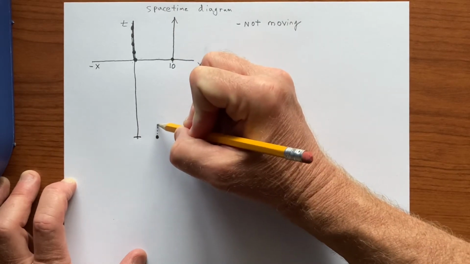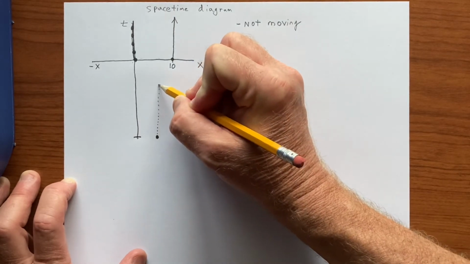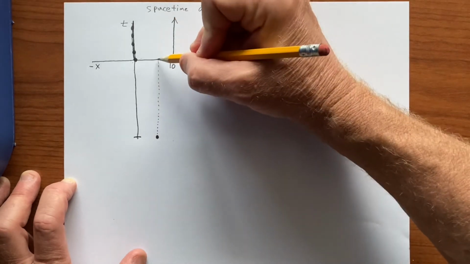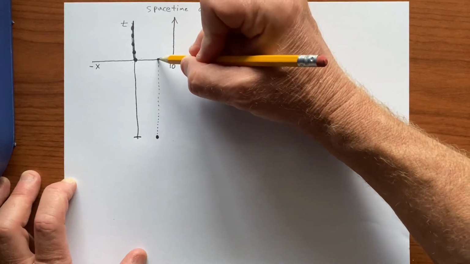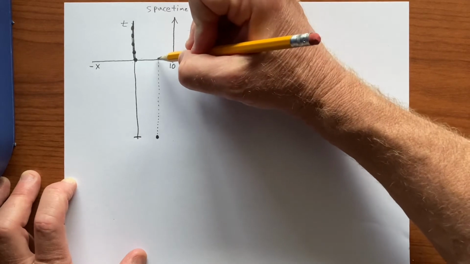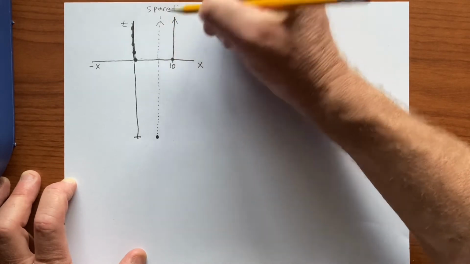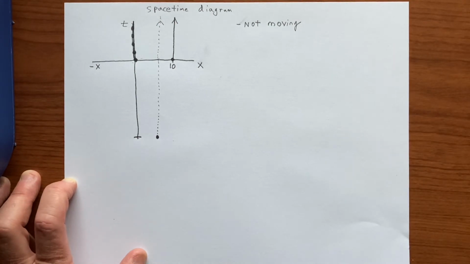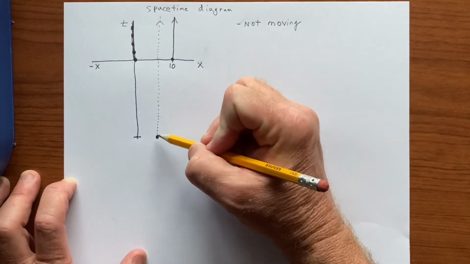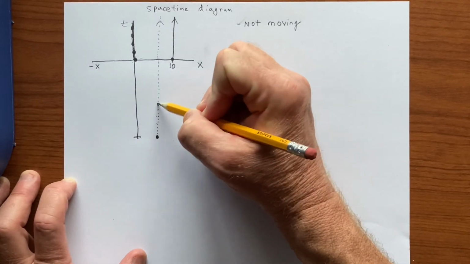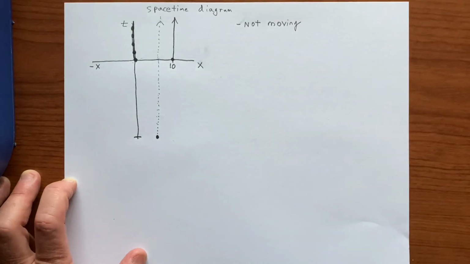Well, my path through space-time is given like that, and if this is the present, then here I am at that location, not doing anything interesting, and if I continue to live my life out that way, that's my space-time path. All the events of my life occur along this line.